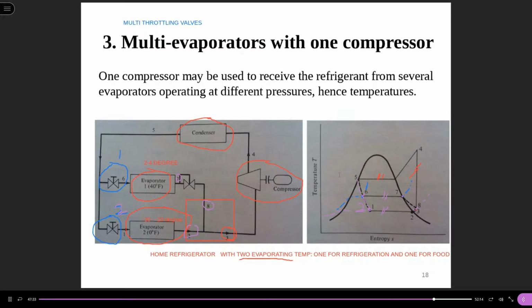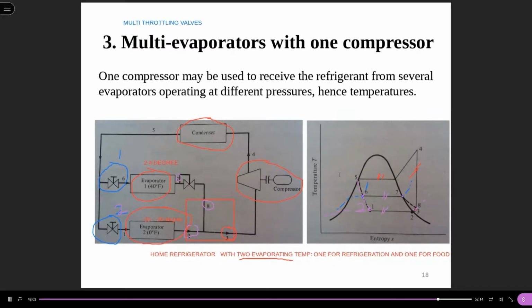So usually multiple evaporators serve different evaporating temperatures. To achieve this, besides the multiple evaporators, the throttling process is very important. If it's throttled to a higher pressure, then the evaporating temperature will be higher.